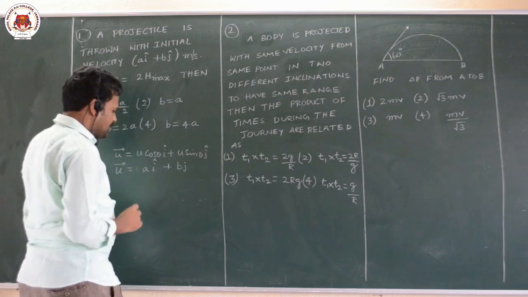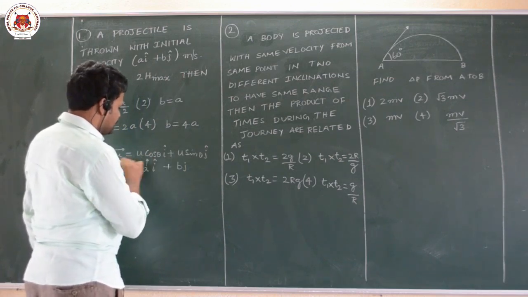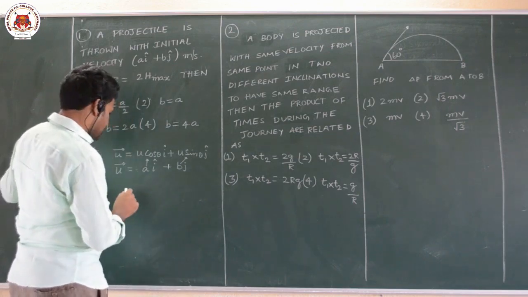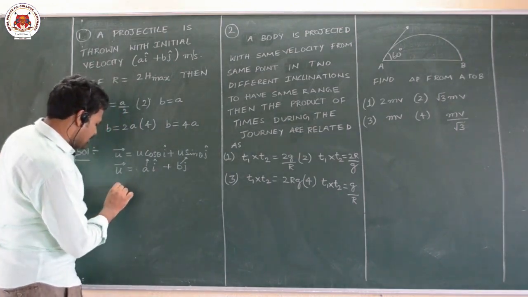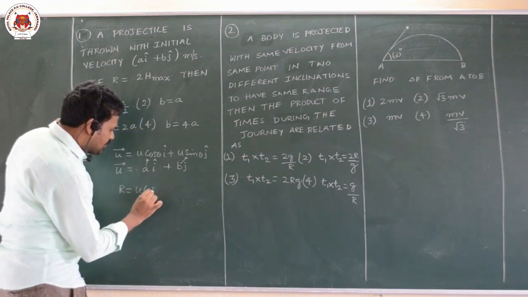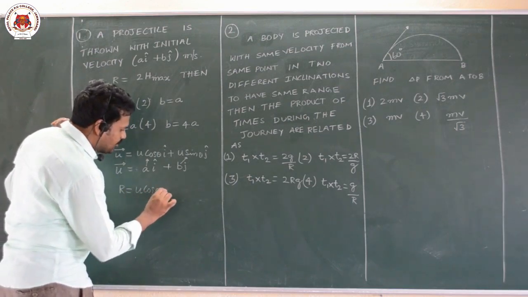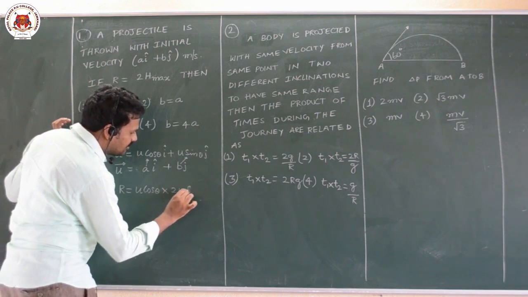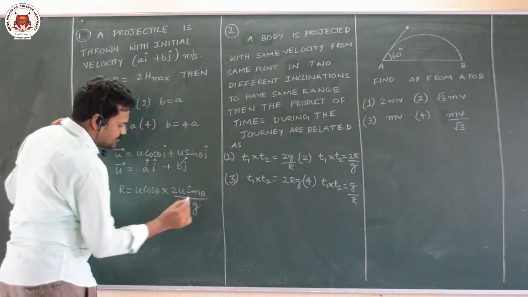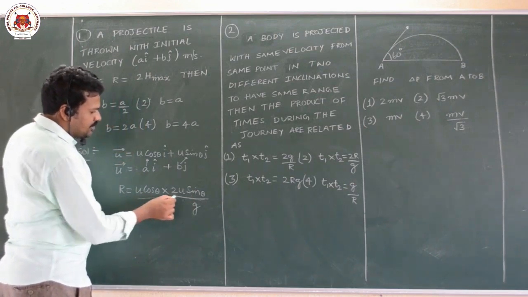That means indirectly a is equal to u cos theta, b is equal to u sin theta. Now, what is the formula for range? Range r is equal to u cos theta into u sin theta by g. This is the formula of range, u cos theta into time of flight.